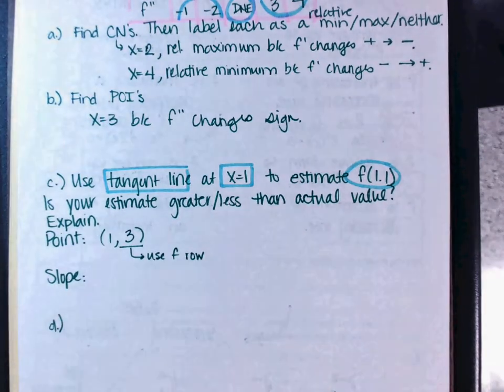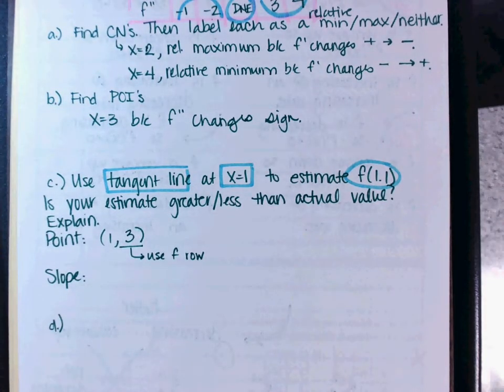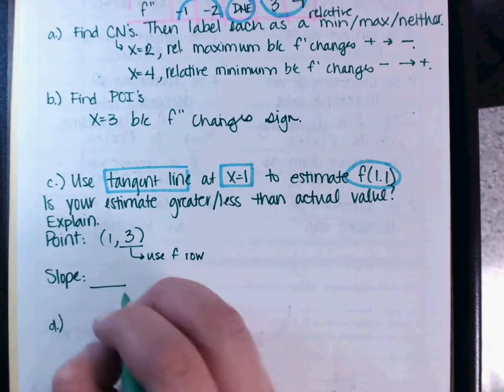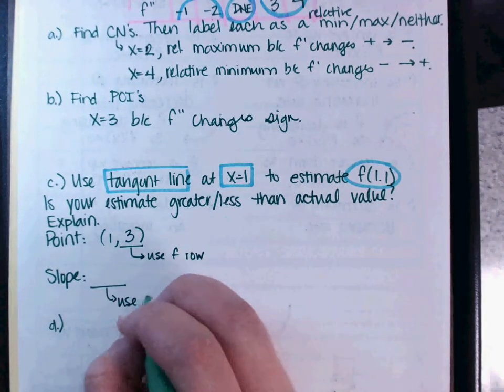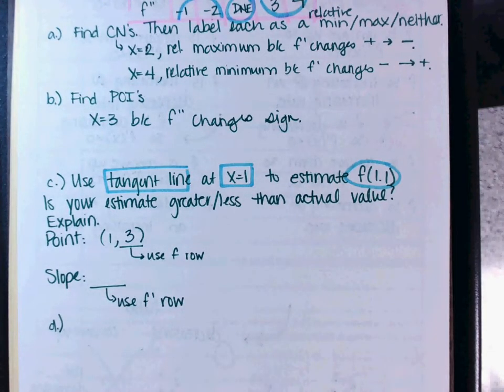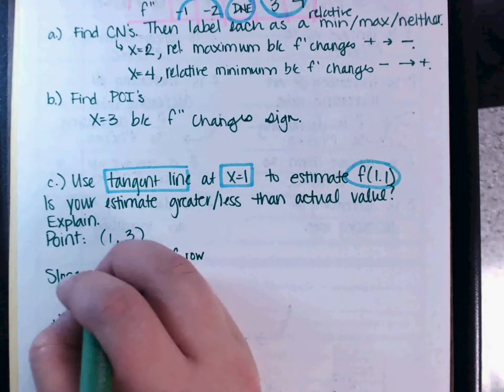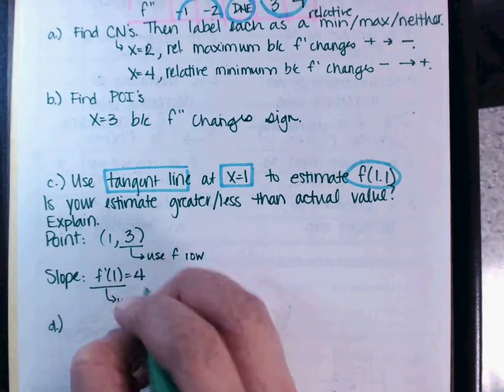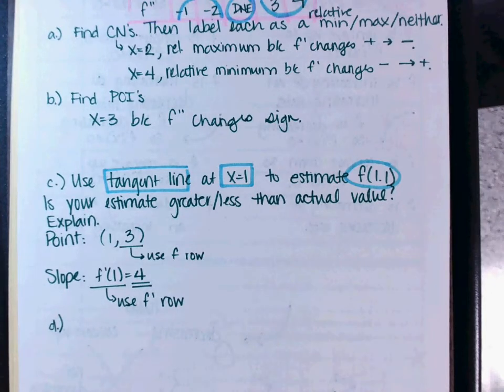3. Okay, when I want my slope, which row will I be looking at? The derivative, which is the f prime row. So look at 1. What is f prime at 1? 4. Very good. f prime of 1 is 4. So write the equation of your tangent line for me.